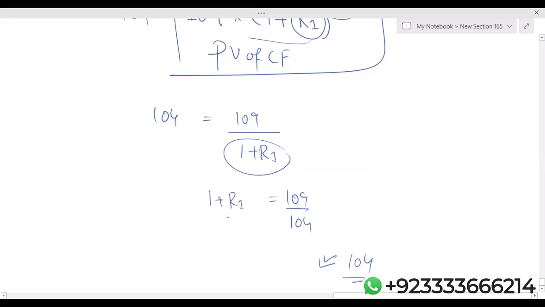1 plus R1. Now, logically, R1 is equal to 109 upon 104 minus 1. Whatever comes, multiply by 100 will give you the R1 percentage. So please, students, now use your calculator. What is the R1 percentage?